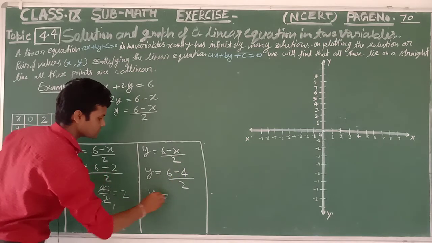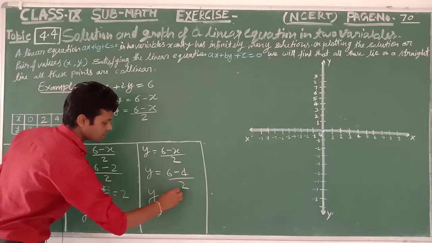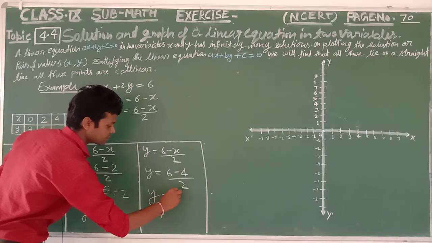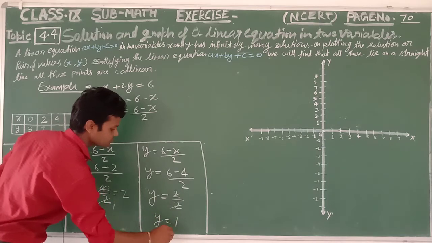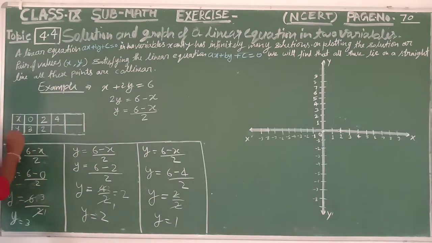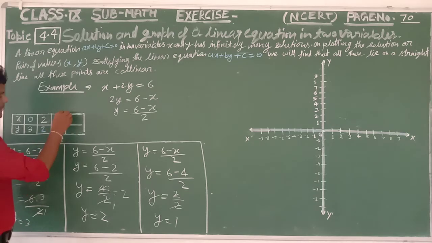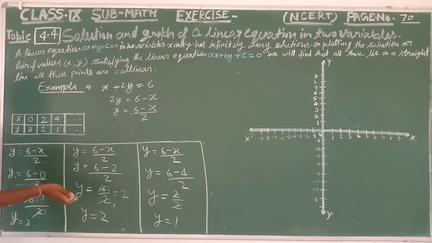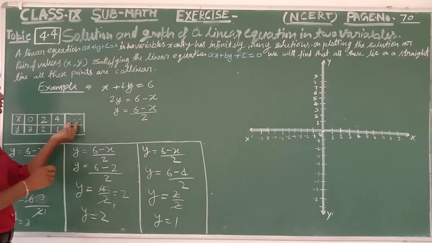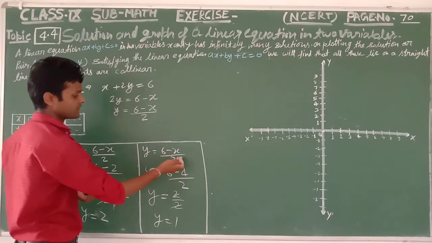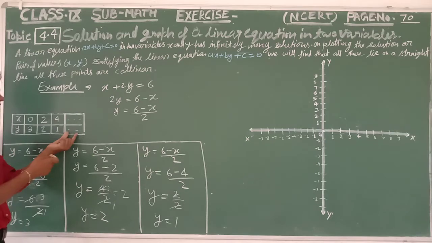Subtracting 6 minus 4 you get 2 upon 2, which cancels, so y is equal to 1. You found the value of y as 1. You can extend this more as per your requirement. If you want more points, draw the same way, think of a value of x, put it in and find y. I stop here, that is enough for a line.